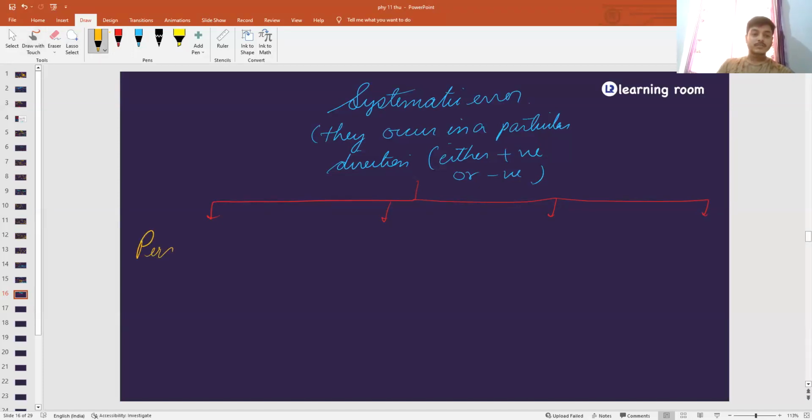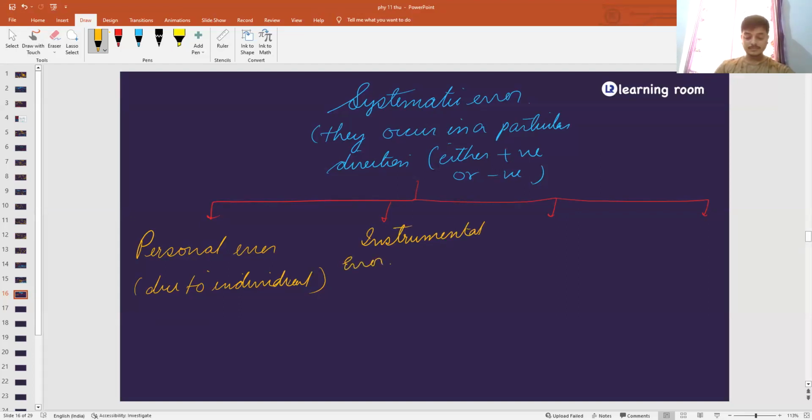First one is personal error, due to individual. Second one is instrumental error, due to inbuilt defect in instruments.